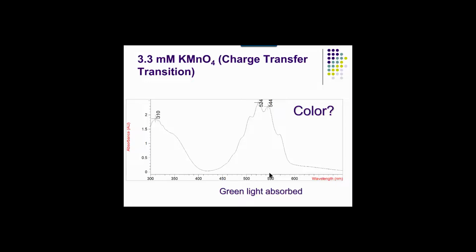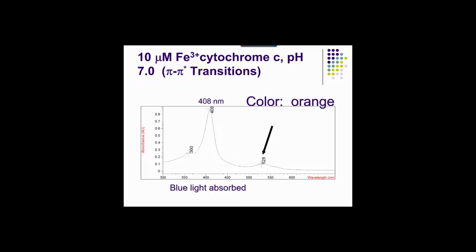And hopefully that says to you that we're talking about like a green color of light being absorbed. And so it should make sense to you, since all the other colors of light are going to be transmitted, that the mixture of those remaining colors is what we're seeing, and the compound is therefore purple. Pretty cool.